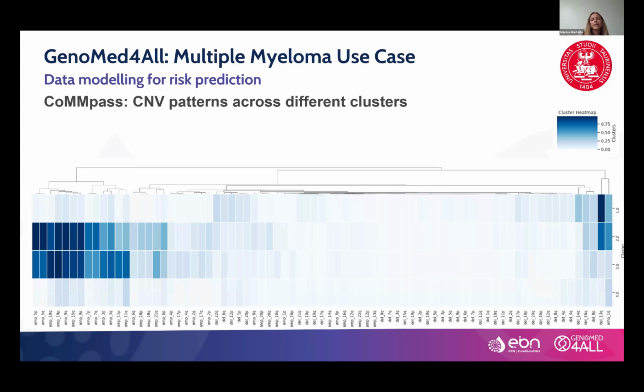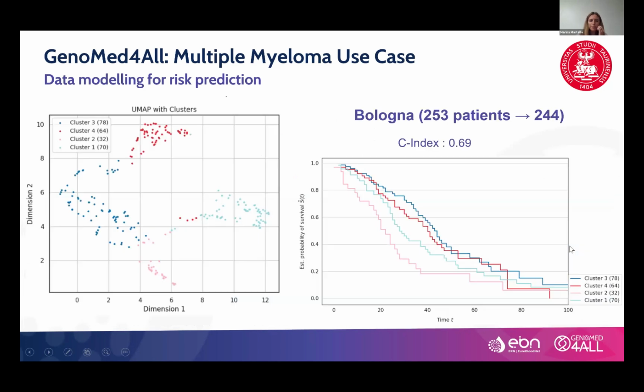These clusters have been further characterized by the presence of specific copy number alterations that are shown in this plot. Once the model had been trained on the COMPASS dataset, it was further validated in the Bologna dataset.